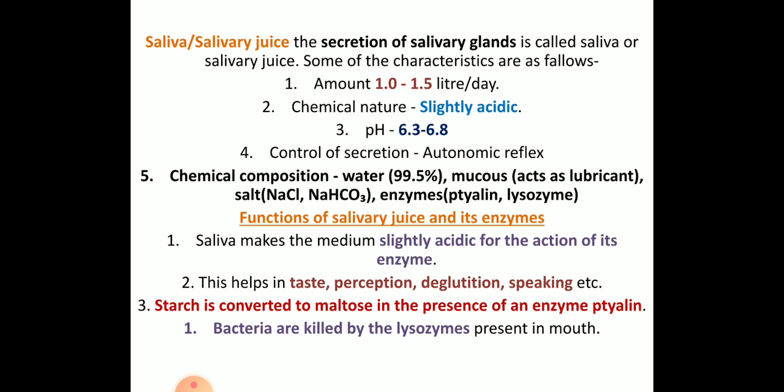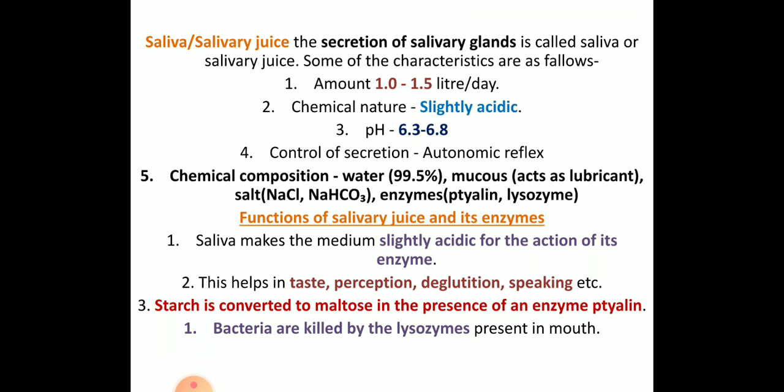Okay, so next, what does saliva, or salivary juice, consist of? The secretion of salivary glands is called saliva or salivary juice. By explaining this juice, I am going to tell you its function and how digestion takes place along with these glands.